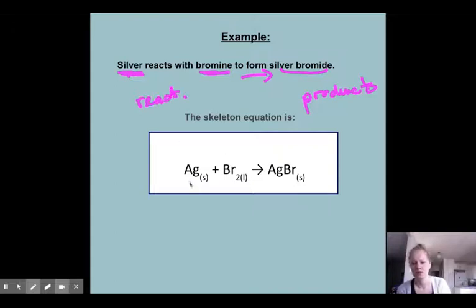So what this would look like is I see silver, which is my element, and the state is solid. We'll get into how I know that. Bromine is Br2. There's a reason it's 2. It's diatomic like oxygen. Also, we'll get into that. And liquid, it forms, hence the arrow, silver bromide, which is our nice compound. And you'll notice this is a balanced compound. You don't get away with forgetting about balancing just because we've moved on from chapter 2.